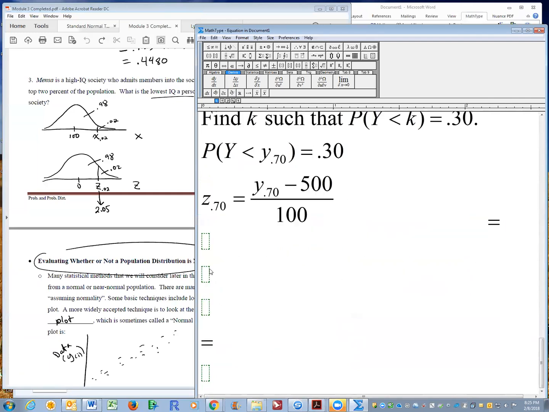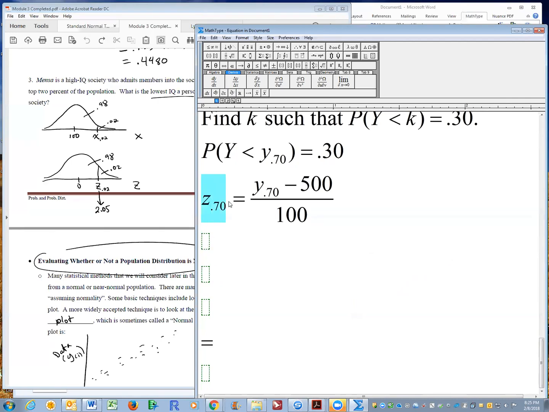The first thing I'm going to do is find out what this number, z sub 0.70, is. Amber, can you figure out what that is? Or can anybody help her? Okay, good.